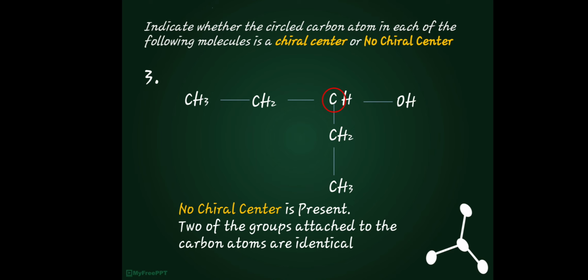Pag hindi siya naka-attach sa 4 different groups, even naka-single bond pa rin siya, it is not included in chiral center. That is why this number 3 is no chiral center. Kasi as you can see, tama, single bond, the carbon is in the center, but the 2 atoms ay inulit. Pareho lang, so meaning to say, hindi siya 4, kundi 2 lang ang represented sa number 3. Okay, let's move forward.